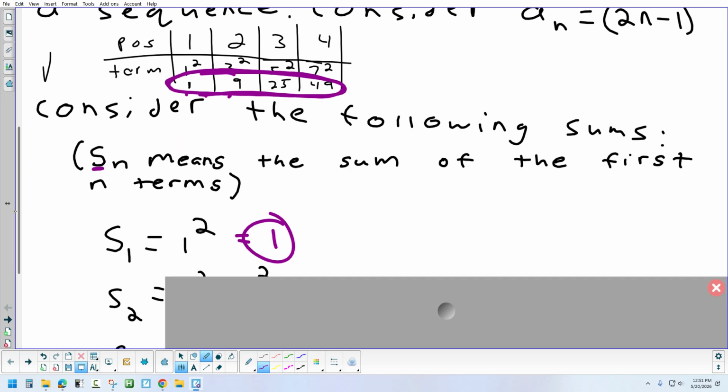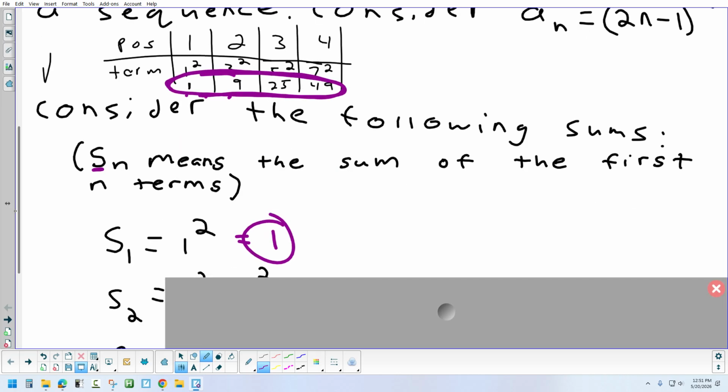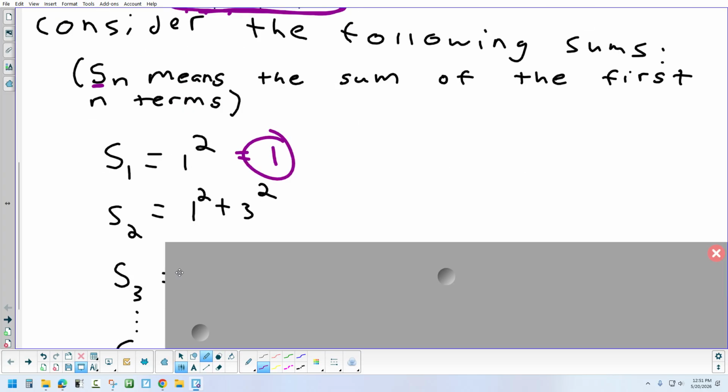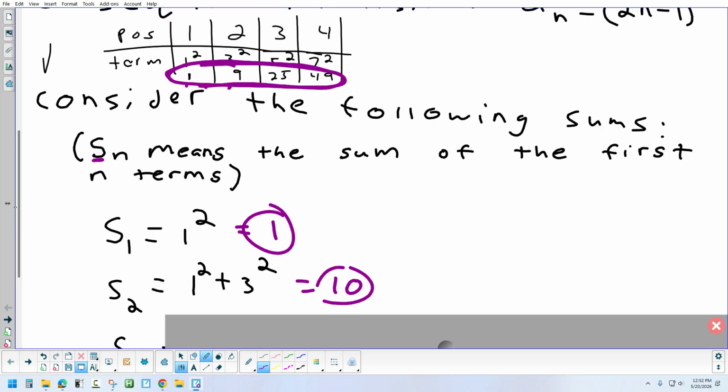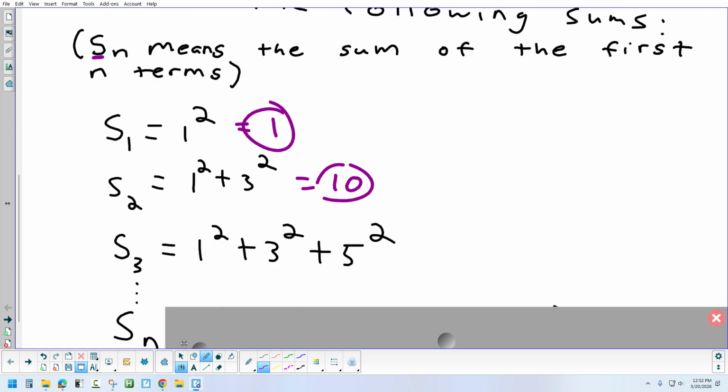What do you get? 10. You add up the 1 and the 9 and you get 10. S sub 3 means to add up the first 3 terms. What do you get if you add up the first 3? You get 35.